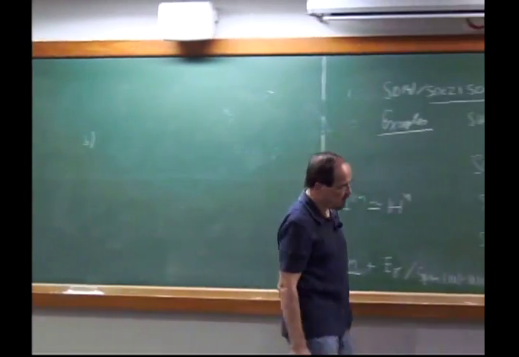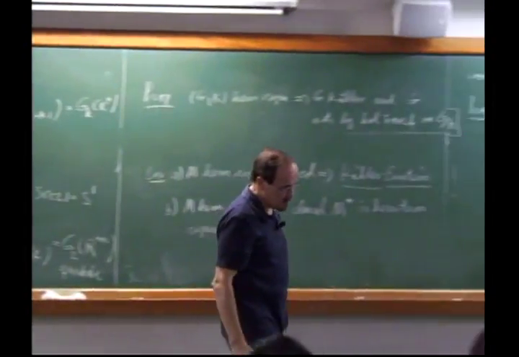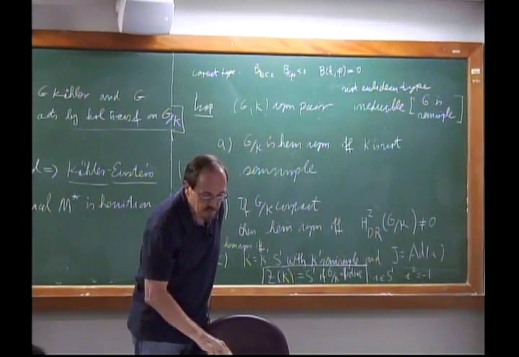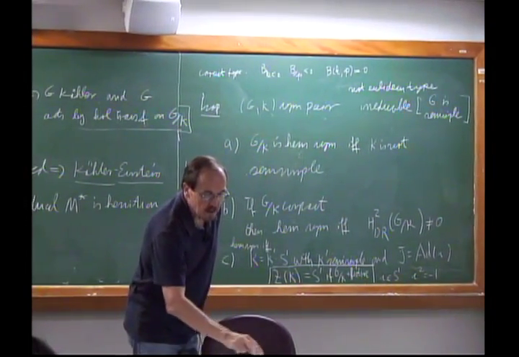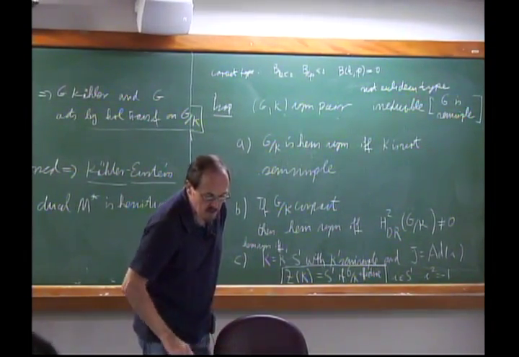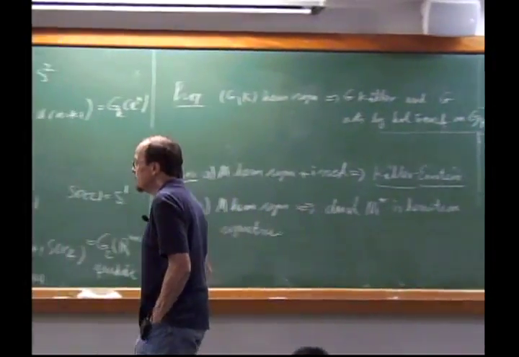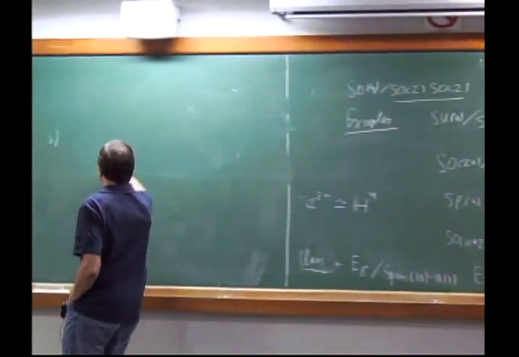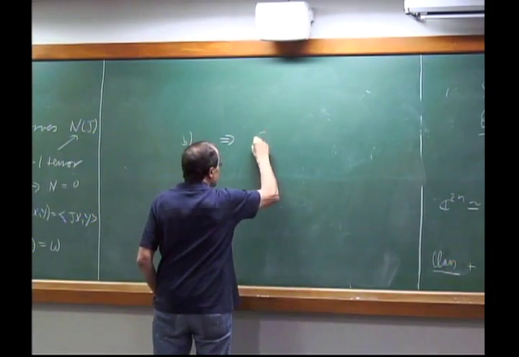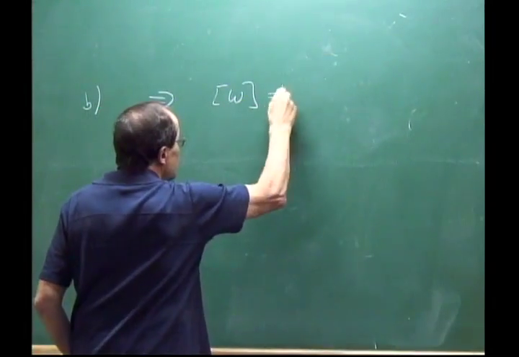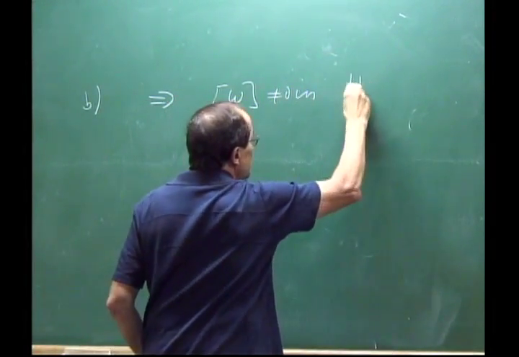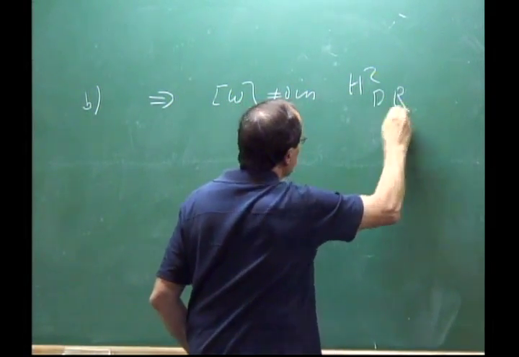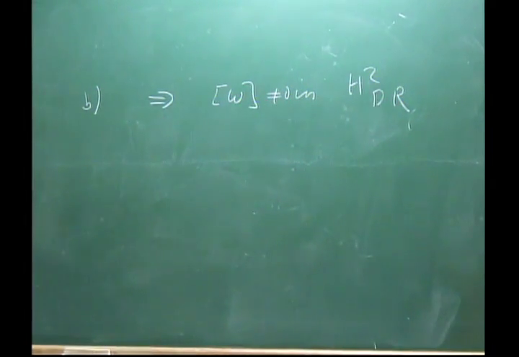I think along the proof, I probably have to use a few things that you may or may not know. Okay. So one direction for B is clear, right? So if I know it's Hermitian symmetric, then the Kähler form is non-zero in the de Rham cohomology, just because it's a symplectic form.